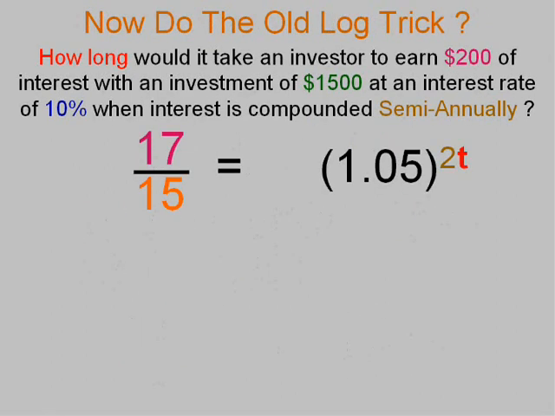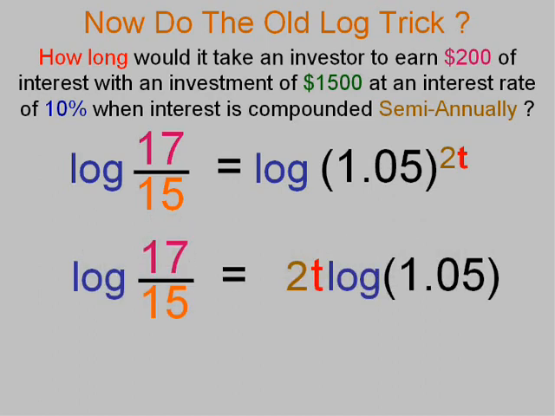Now, since I'm looking for something in the exponent, the t, that red t, I can't get to it unless I use the logs. Okay, remember what the property of logarithms allows me to do. It allows me to bring that 2t down in front where I can do something about it. Now, I've got the log of 17/15 on the left, and on the right, I've got to get t alone.